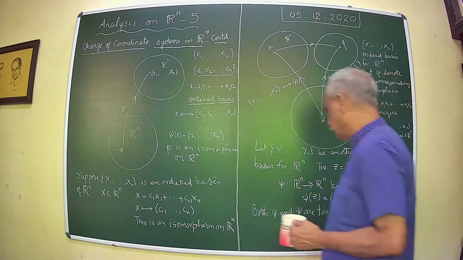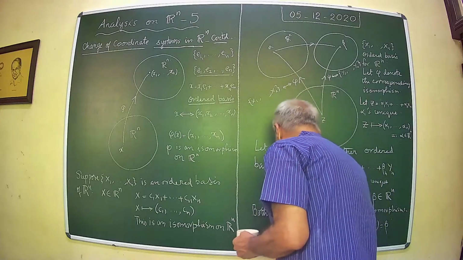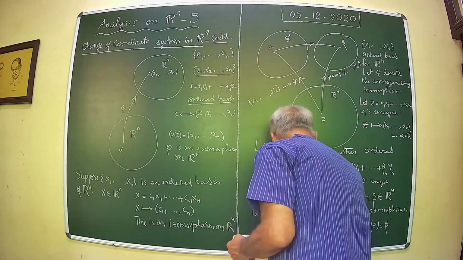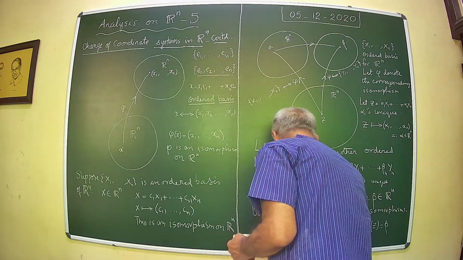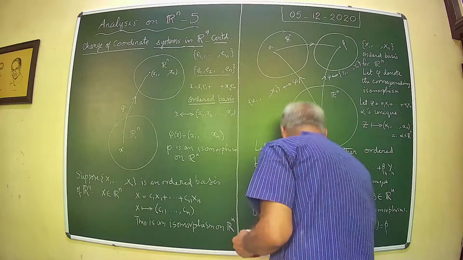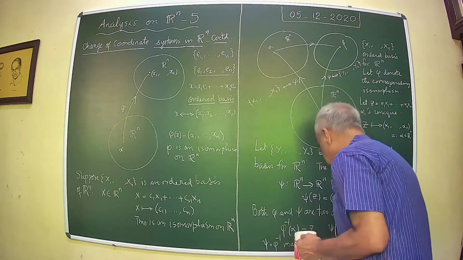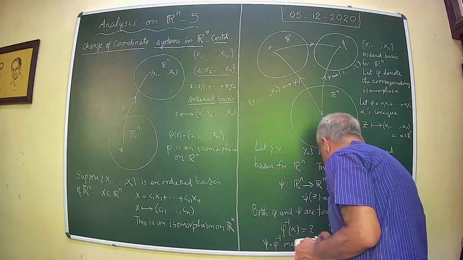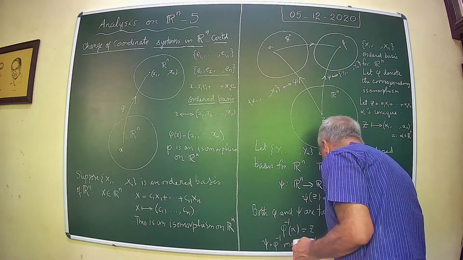Therefore, what you have is psi composition phi inverse maps alpha to beta.